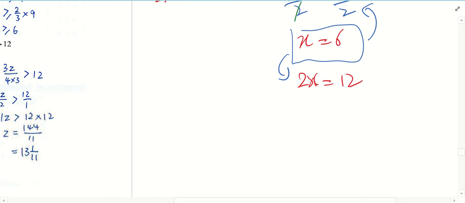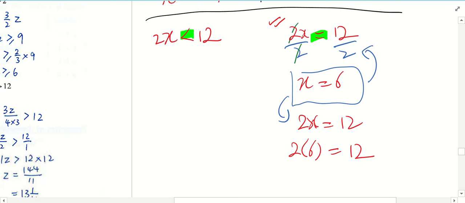On the left hand side, I have 2 times 6, which is actually 12. So we say x equals 6 satisfies the original equation because the left hand side equals the right hand side after you put in that number.